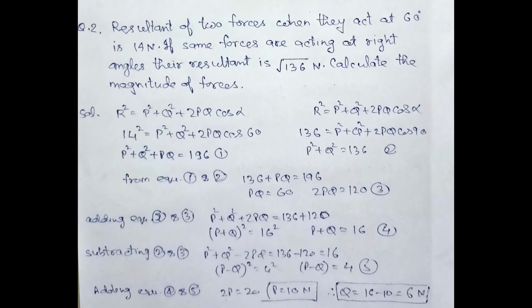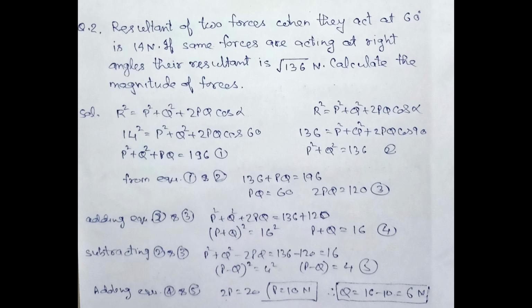So we can use the formula R square equal to P square plus Q square plus 2PQ cos alpha twice. For the first condition, 14 square equal to P square plus Q square plus 2PQ cos 60. We get the equation P square plus Q square plus PQ equal to 196. Similarly, for the second case, 136 equal to P square plus Q square plus 2PQ cos 90.